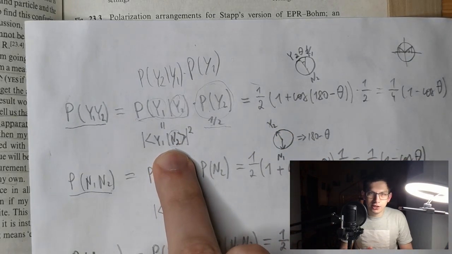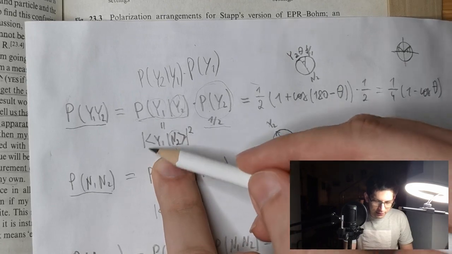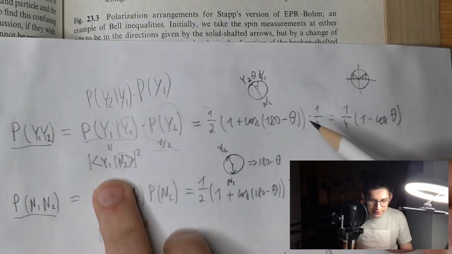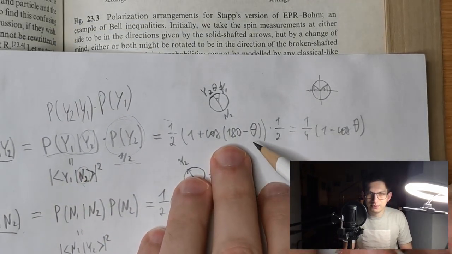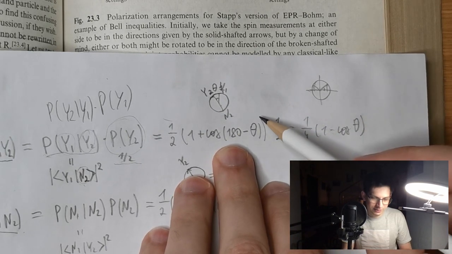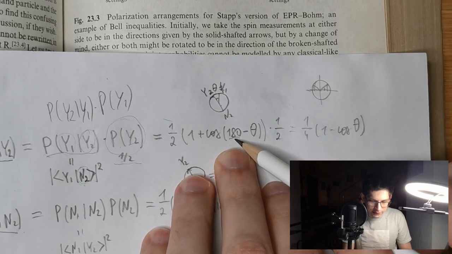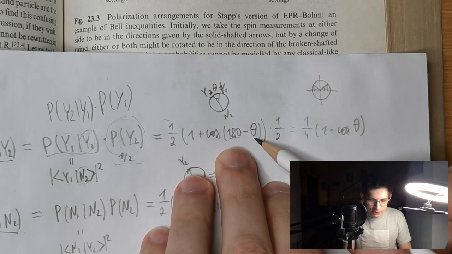So we are just projecting the N2 state on the Y1 state and getting the modulus squared here, and that's exactly our cosine, but we need to have 180 degrees minus theta here.